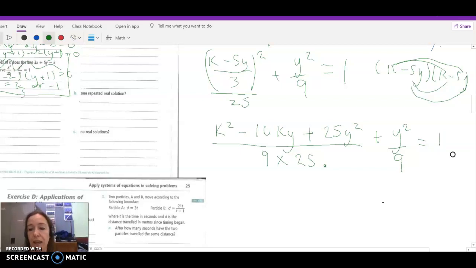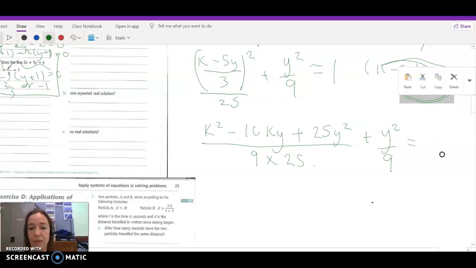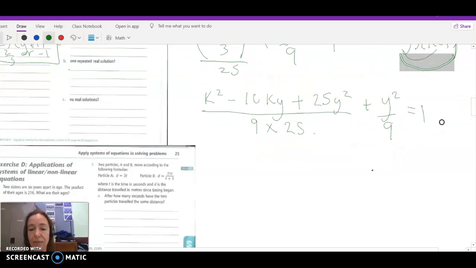So, now, everything's deleting. So, now I'm just going to multiply through quickly first by 9 just to get rid of these two 9s. So if I times each term by 9, that'll go away, and this will become a 9. Hopefully you're okay with that. And then to get rid of this 25, I just need to multiply each term by 25.